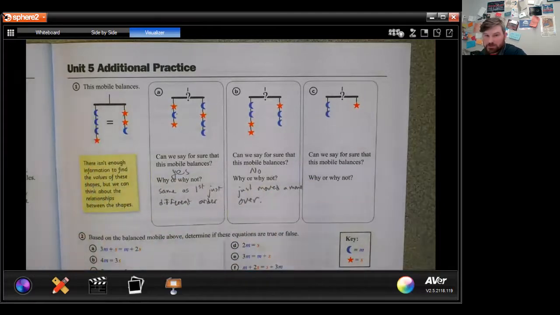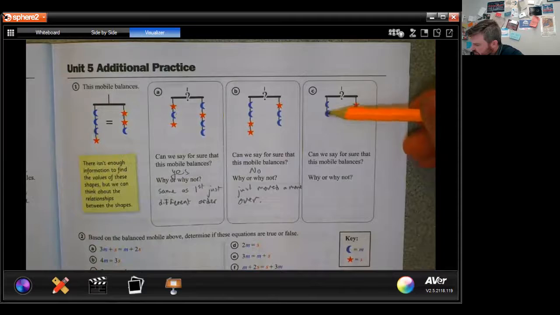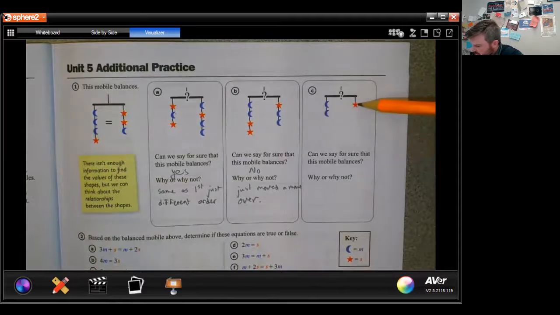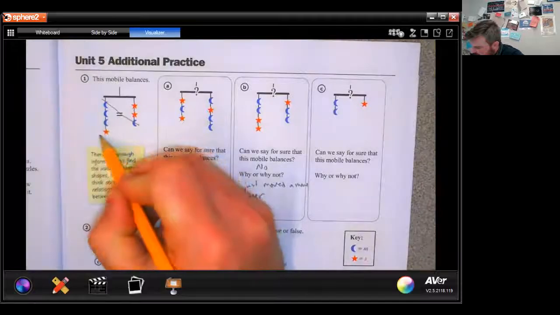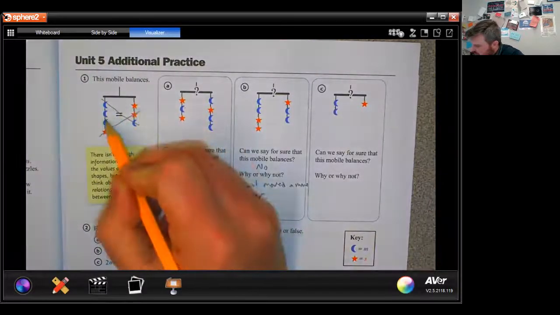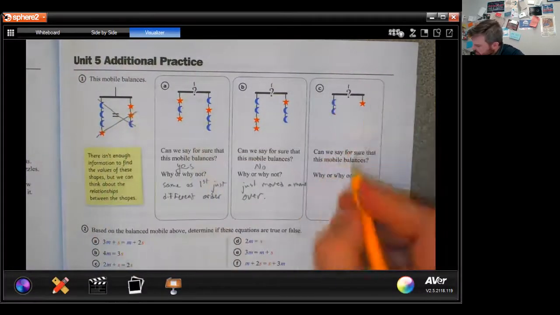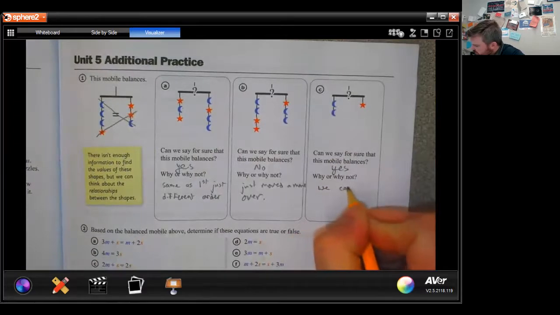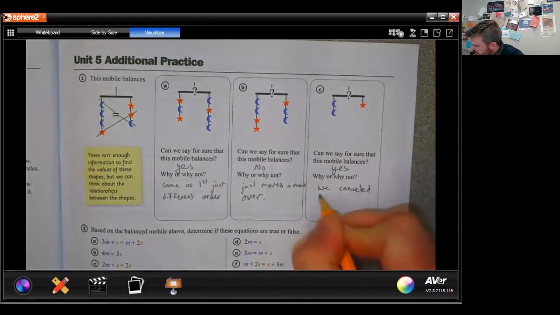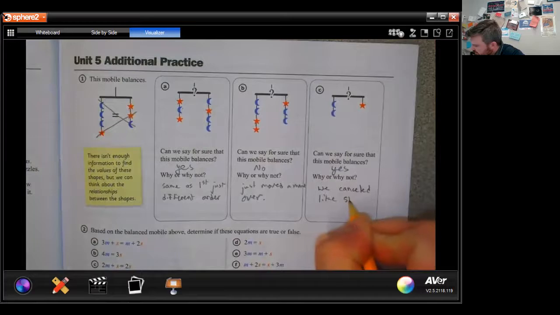So you can't just move them from one side to the other. Okay, here we have 2 moons and 1 star. So here, if I cancel a moon and I cancel a star, I know that 2 moons is 1 star. So 2 moons is 1 star. Yes, we canceled like shapes.